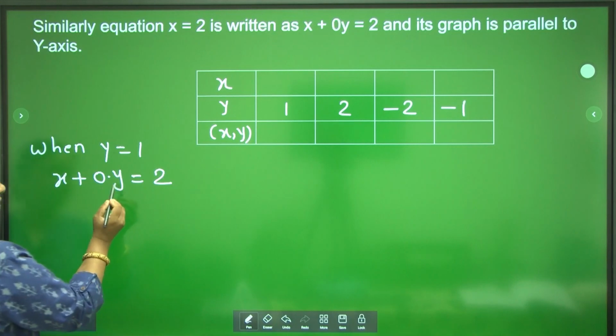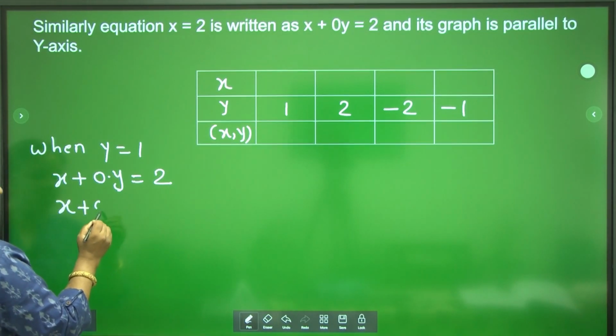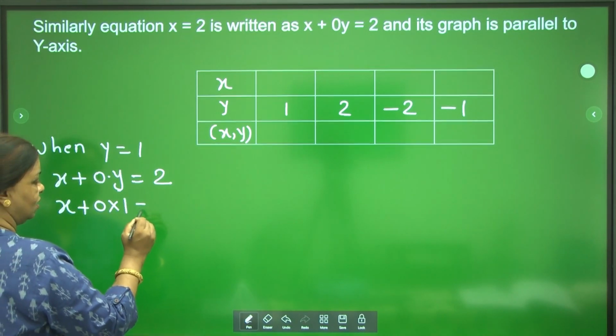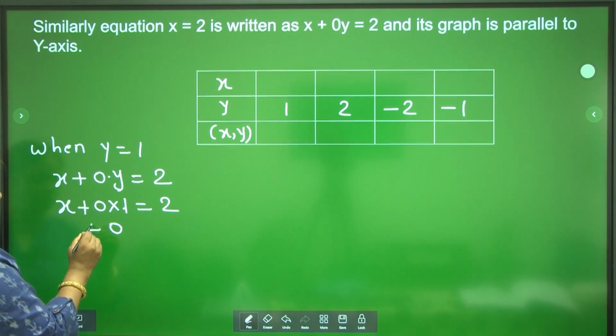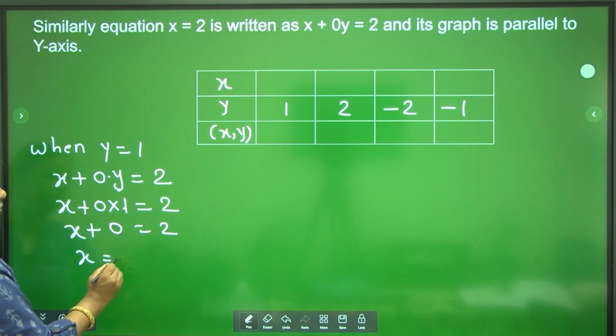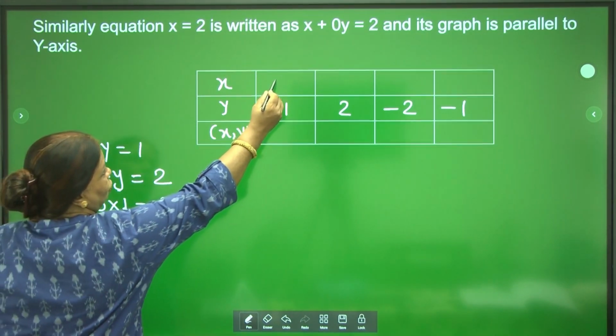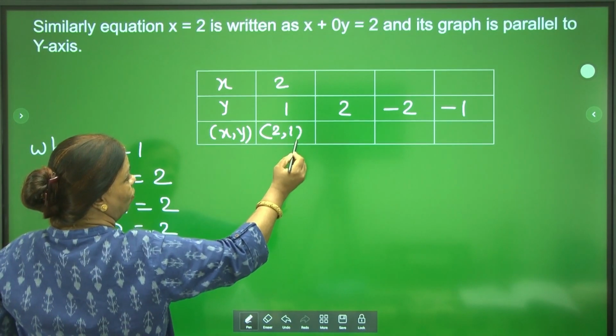When y is 1, place the value here of y. x plus 0 into 1 is equal to 2. 0 multiplied by 1 will be 0. x plus 0 is equal to 2. So x is equal to 2. So your coordinate will be 2, 1.